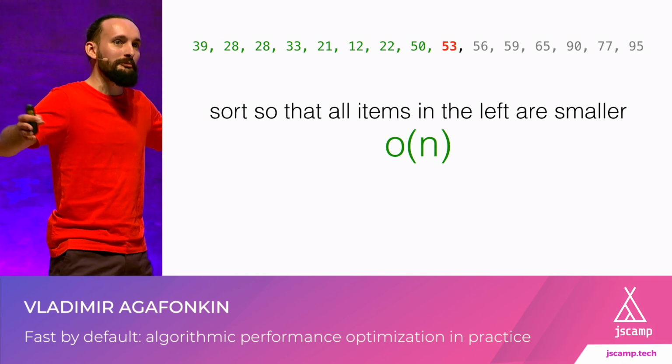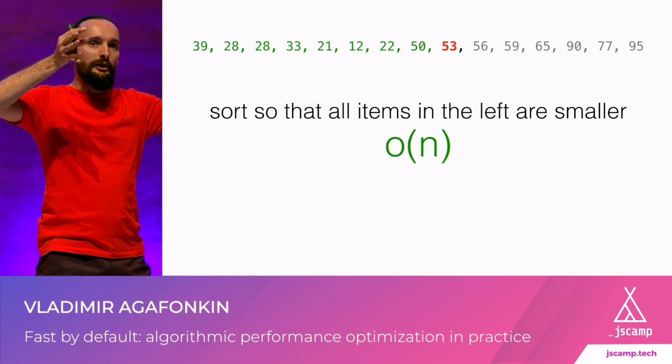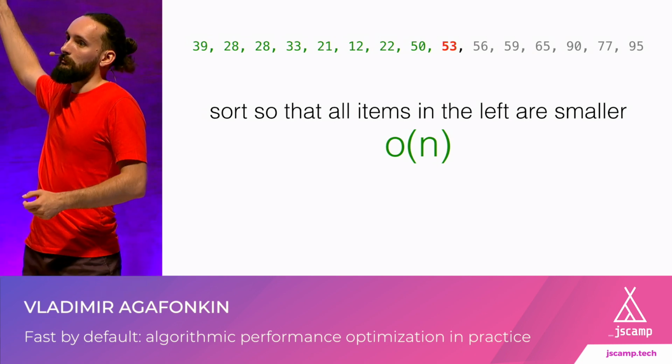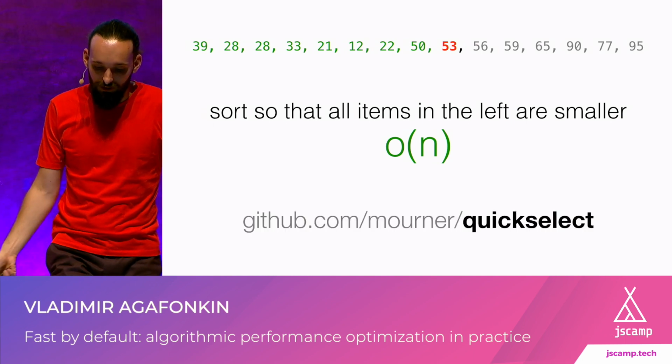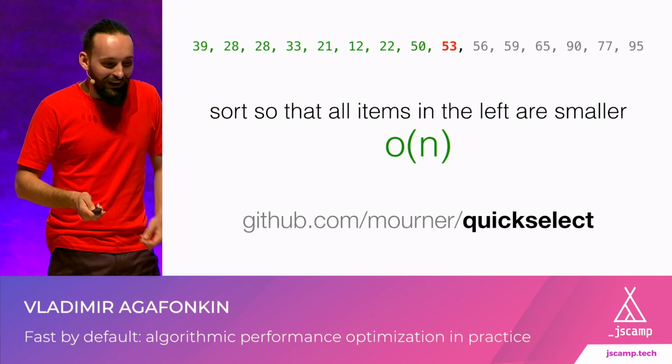For example, if you have 1 million items, and you need to take the top 50, you can do that in linear time without sorting the whole array with a special algorithm called selection. And of course, I wrote a separate library for it.